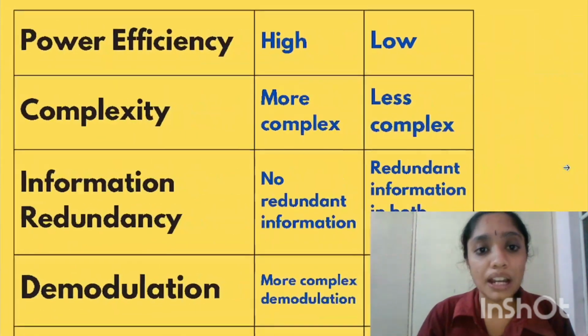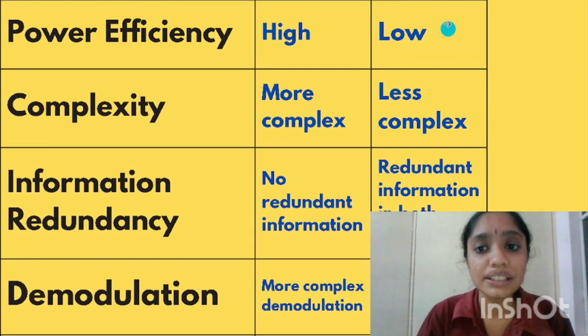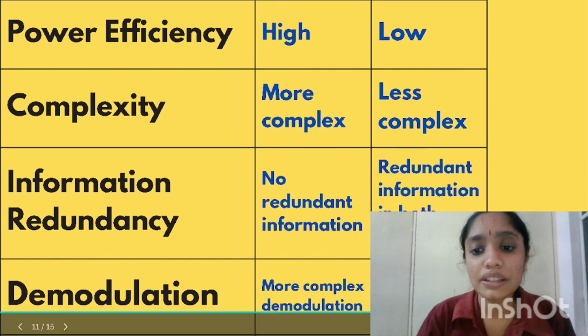The power efficiency is high in SSBSC but very low in DSBSC. The complexity is more in SSBSC as compared to DSBSC. Information redundancy: the information redundancy is absent in SSBSC, whereas it is present in both of the sidebands in DSBSC.